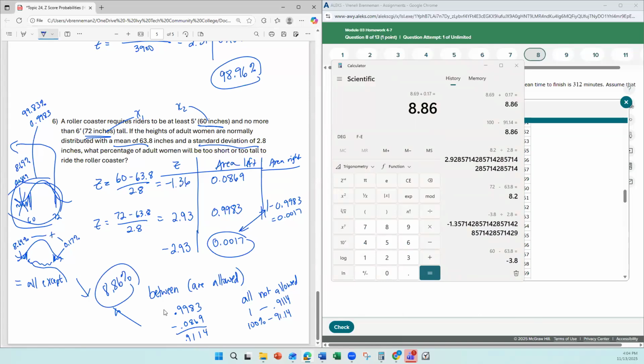So don't do all of those things. Figure out one of those that makes sense that you can get the 8.86% and use that method. So that is z-score normal distribution word problems.